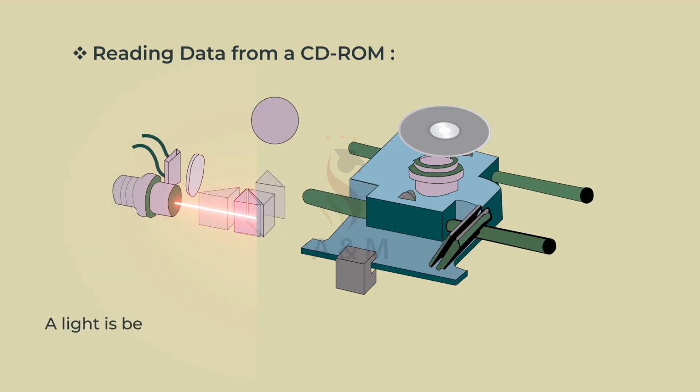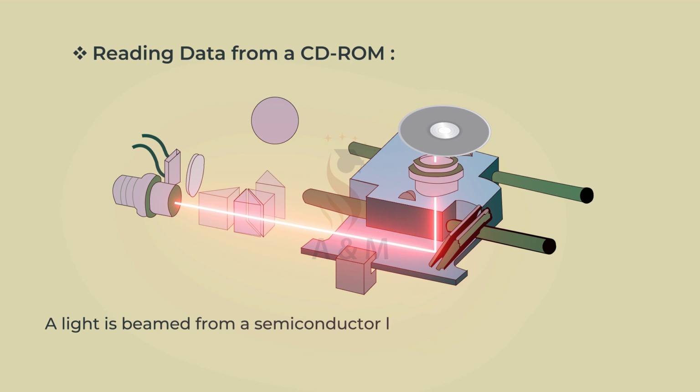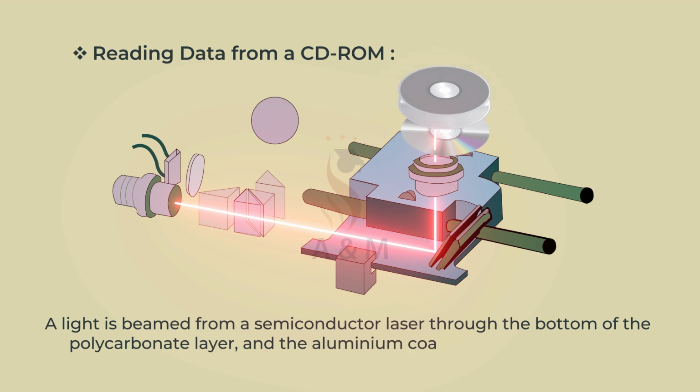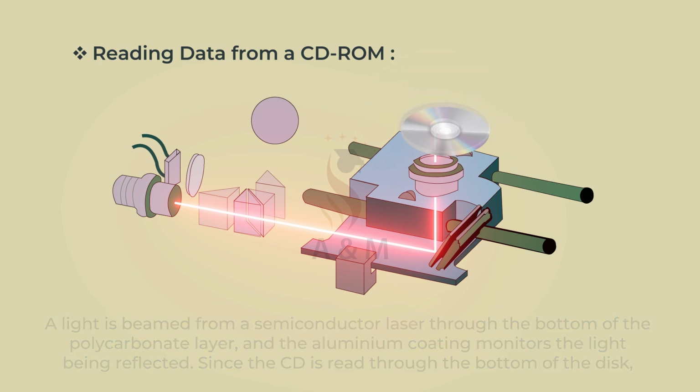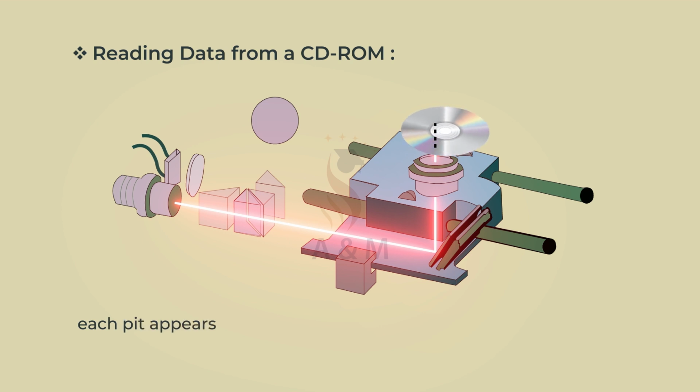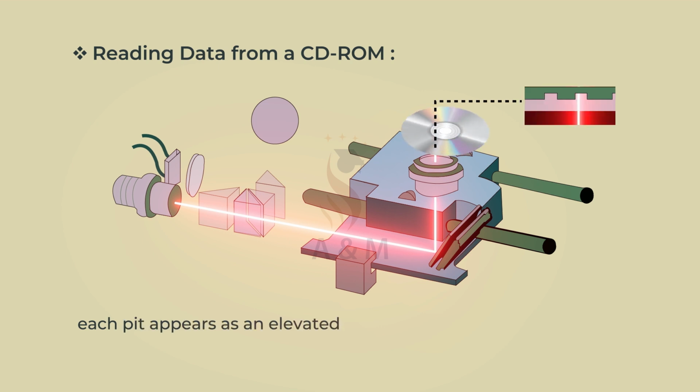A light is beamed from a semiconductor laser through the bottom of the polycarbonate layer, and the aluminium coating reflects the light. Since the CD is read through the bottom of the disk, each pit appears as an elevated bump to the reading light beam.